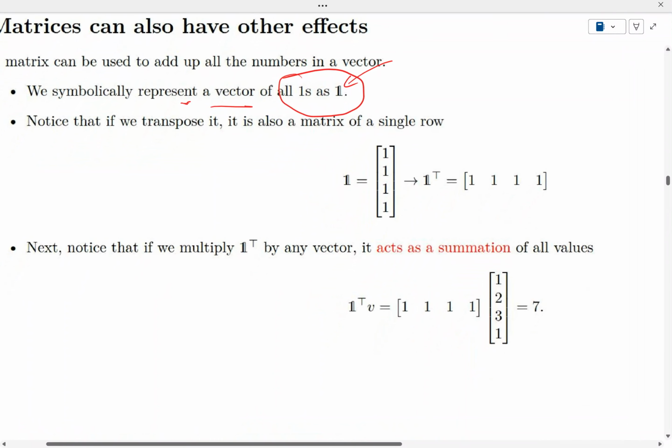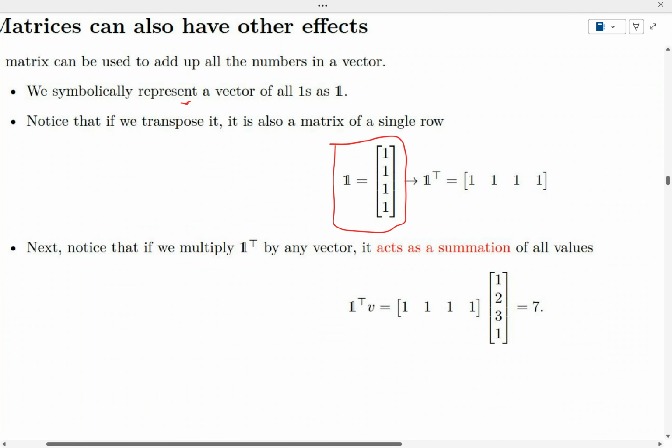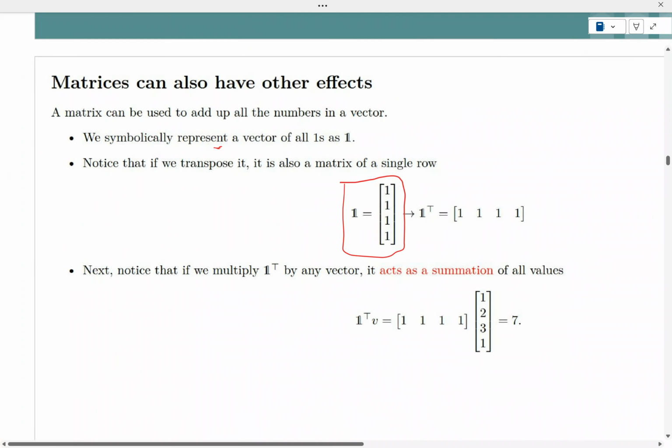Okay, so what is that? Well, it's a vector of all ones. Sometimes we write 1 with subscript 4, which tells you that there are 4 ones in there. And if you transpose it, it becomes like this. This is really interesting, and we use it quite a bit because it allows us to add everything up.